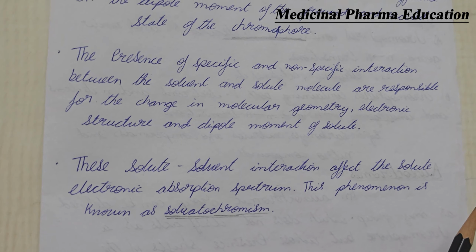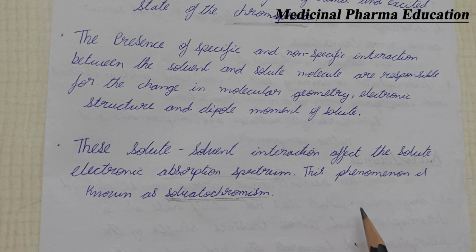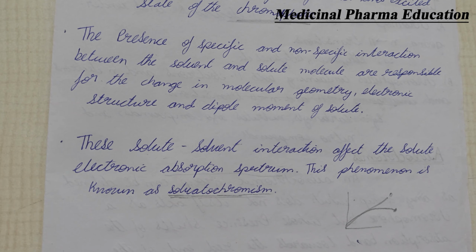As these interactions occur, there will be an effect in the electronic absorption spectrum, meaning the change in the absorbability of the solute or the sample, and the results deviate from the true values. These are the deviated values after the interactions of the solvent and solute. This phenomenon is known as solvatochromism.